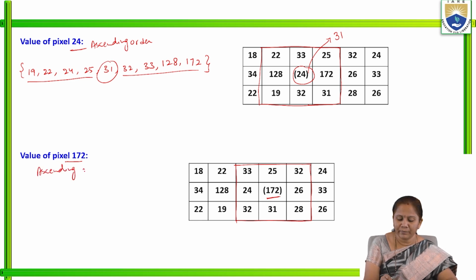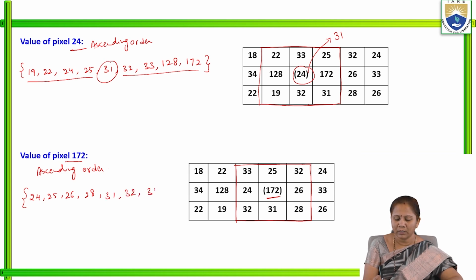first arrange them in ascending order. The order will be: minimum 24, first one, then 25, 26, 28, 31, 32, 32, 33 and finally 172. And 1, 2, 3, 4, 5, 6, 7, 8, 9. So all the 9 pixels are there in ascending order.